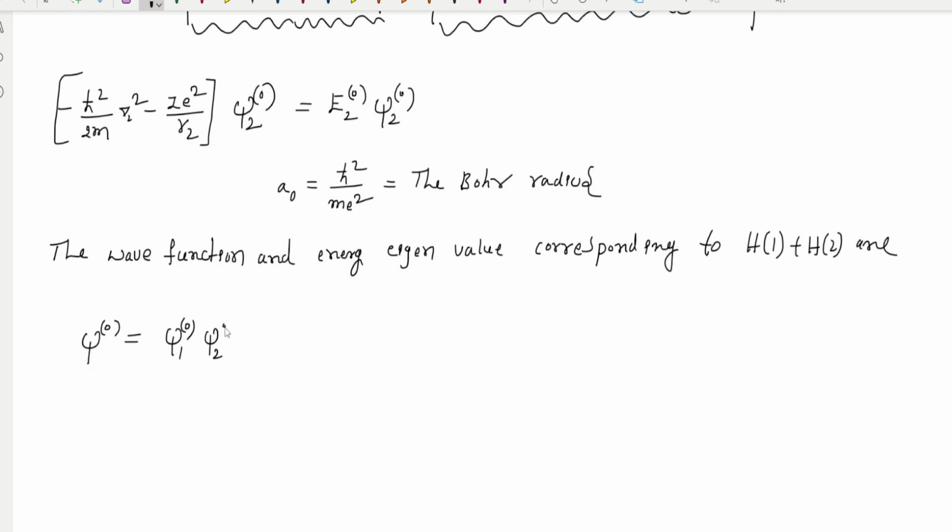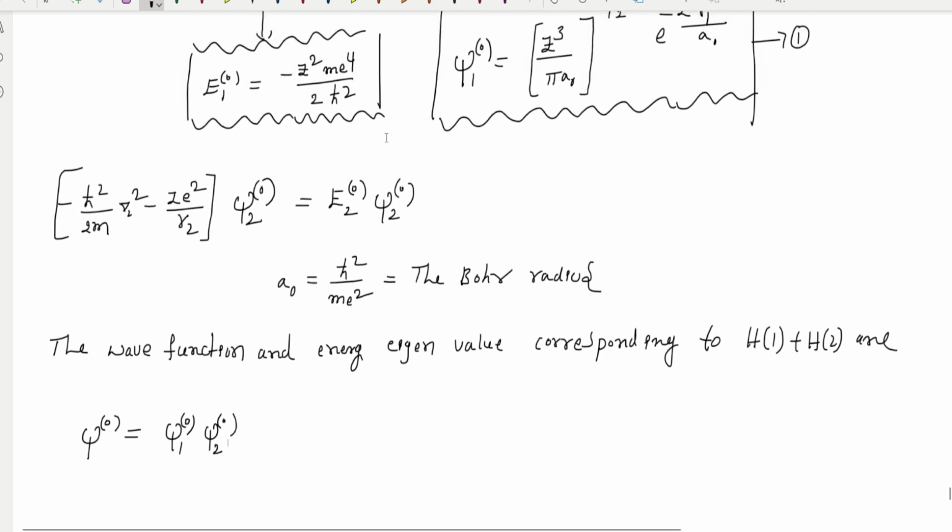The other two wave functions. So it is better to do the equations.